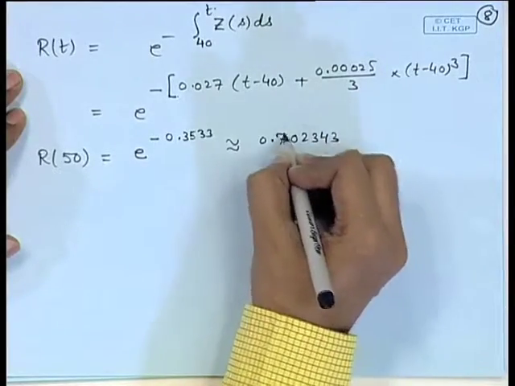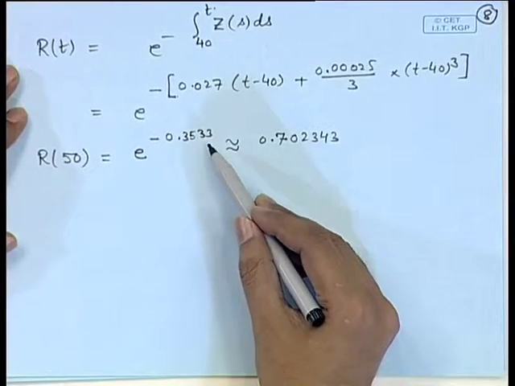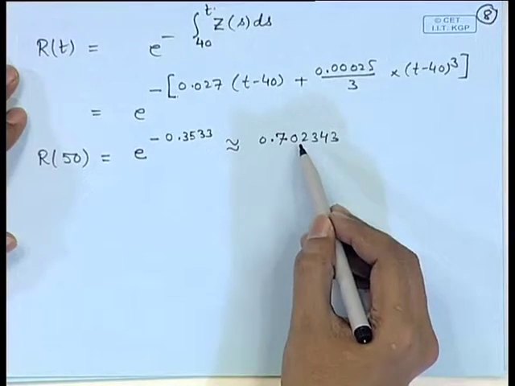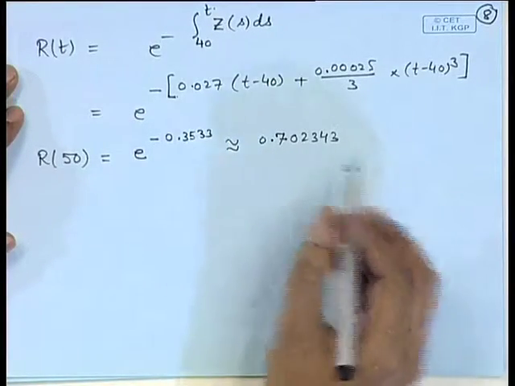That means, if he is a smoker and he is already 40 years old, the probability of his surviving beyond 50 is only 70%. That means, there is a 30% chance that he will not survive.